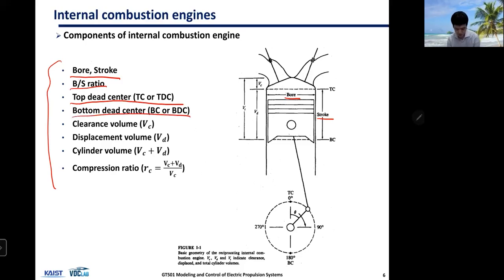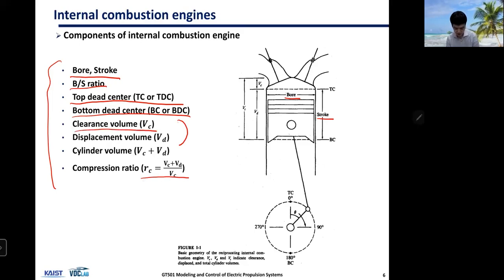So we have clearance volume, displacement volume, cylinder volume, and compression ratio. Compression ratio is how much you compress: the clearance plus displacement volume divided by the clearance volume.